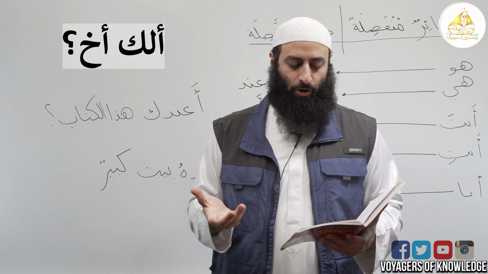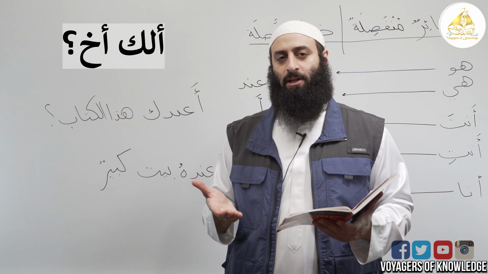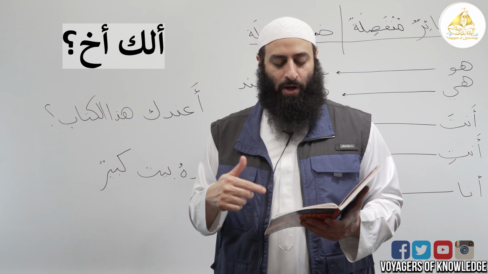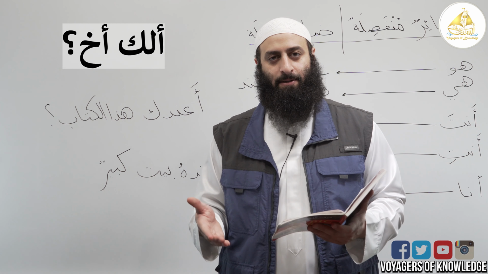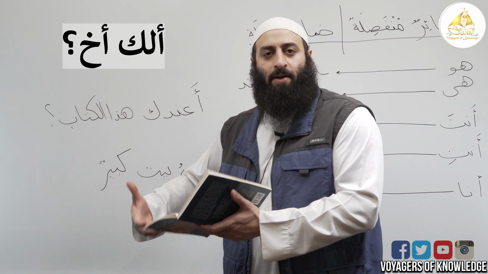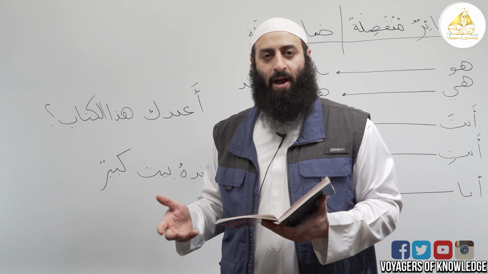Let's take one more. Alaka akhun. You see how he's using laka here? Why didn't he say, we said a'indaka is used to say, do you have? And he said akhun. Why didn't he say a'indaka? Because indaka means like, do you have them with you? Right? Or are you at them, or wherever they're at?